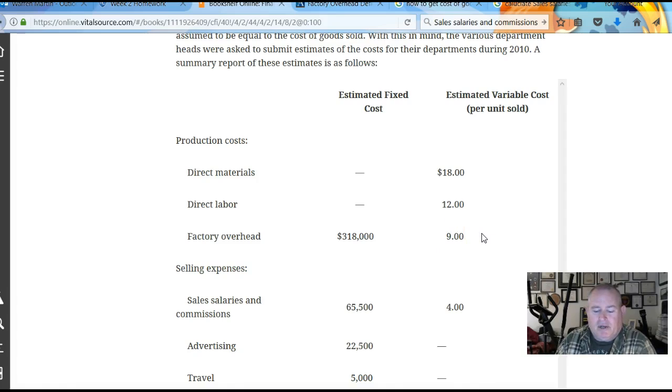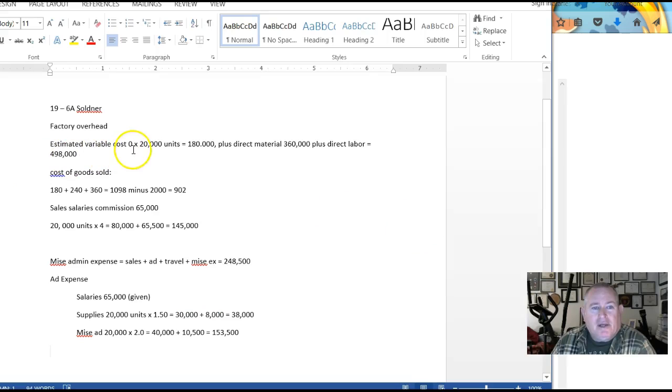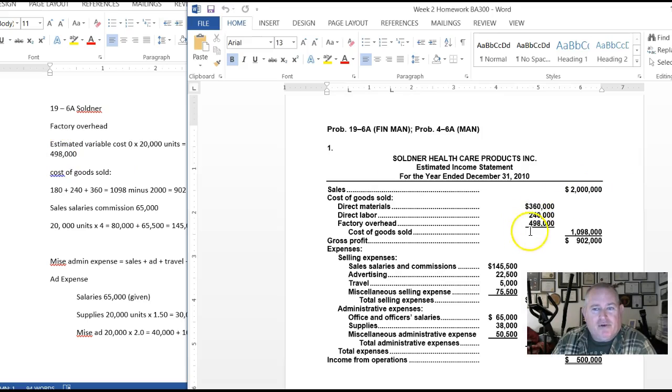So 9 times the 20 gives us 180. I'm sorry, you take the 9 times your 20,000 units, and that gives you 180. And then you add your direct materials and your direct labor, and that gives you that 498. So that's where you get that 498.